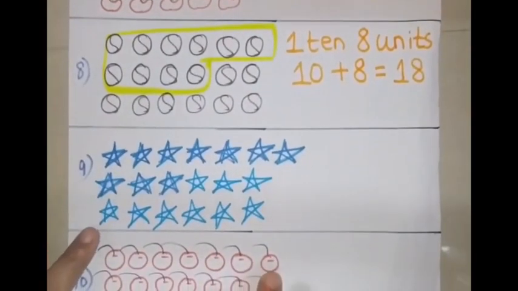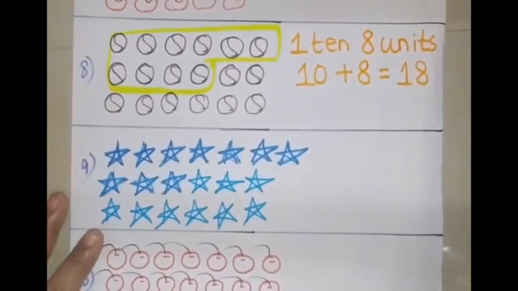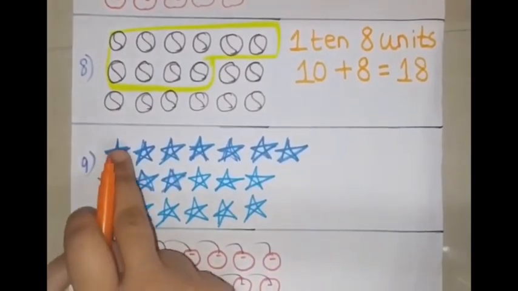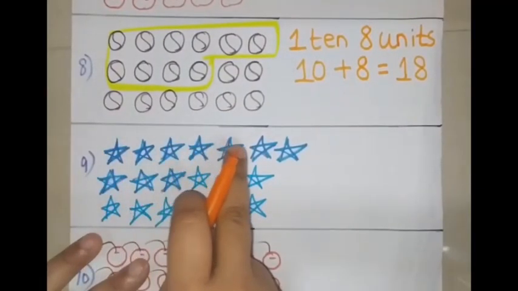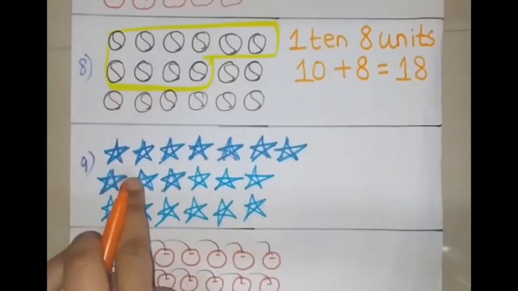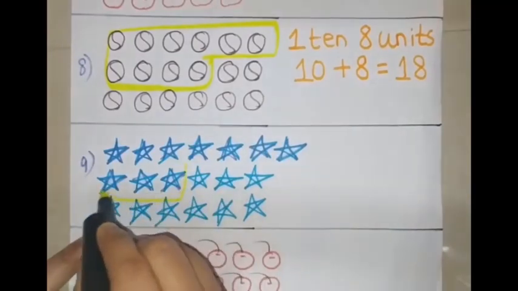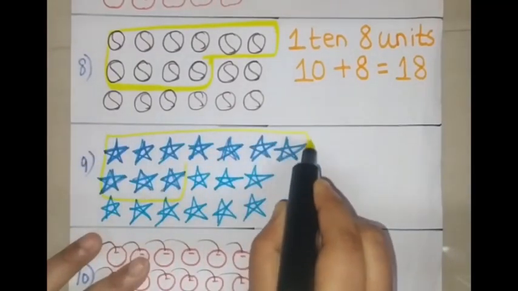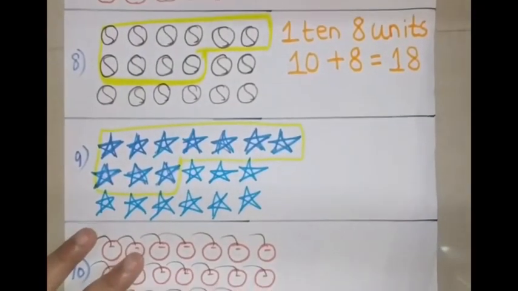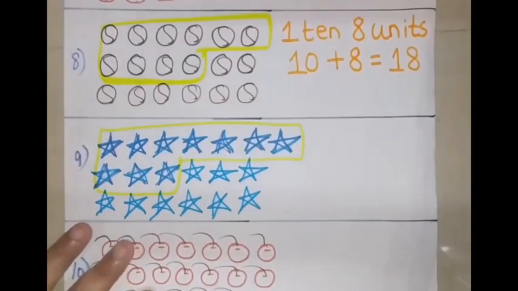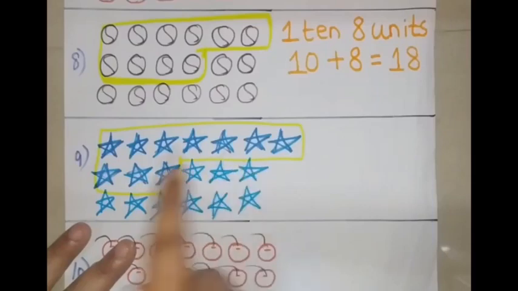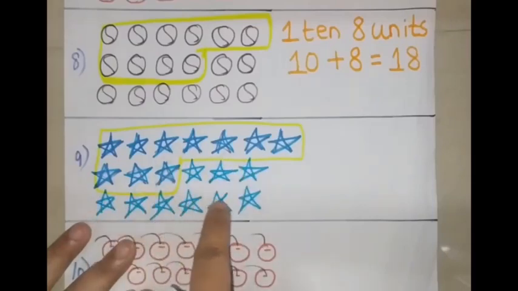Now there are so many stars over here. Let's count them. 1, 2, 3, 4, 5, 6, 7, 8, 9, 10. So now we'll make a group of 10 stars. Now there are some remaining stars. Let's count them. 1, 2, 3, 4, 5, 6, 7, 8, 9.